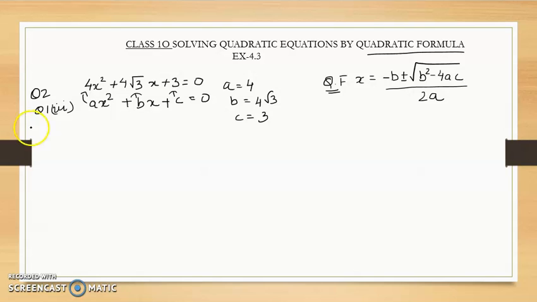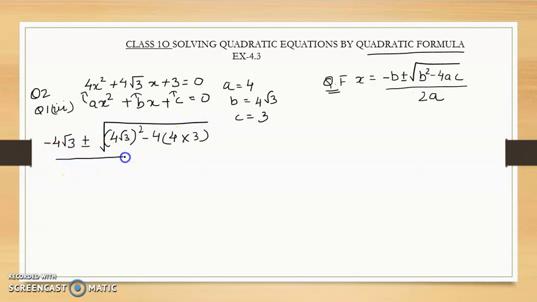So what is the value of b? 4 root 3. So minus 4 root 3 plus minus b square, so 4 root 3 whole square, minus 4a. What is the value of a? 4. What is the value of c? 3. And whole square root upon 2a.